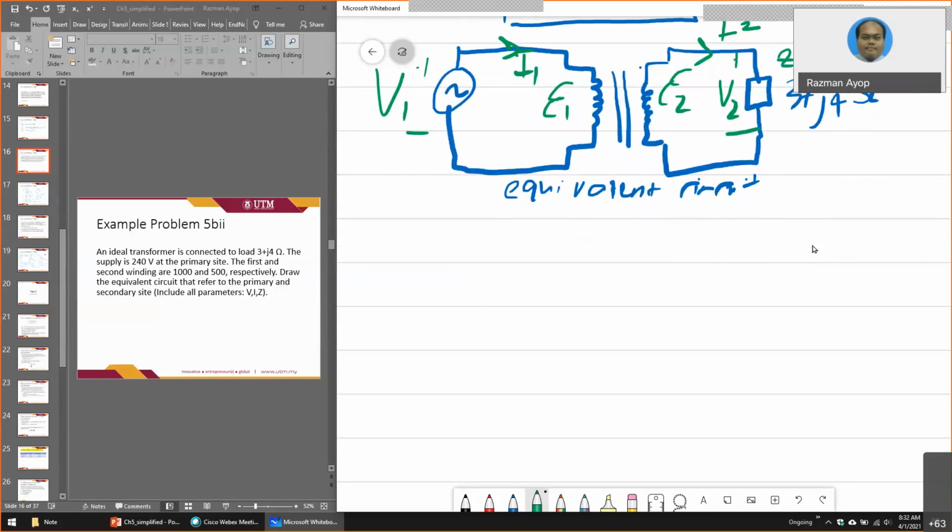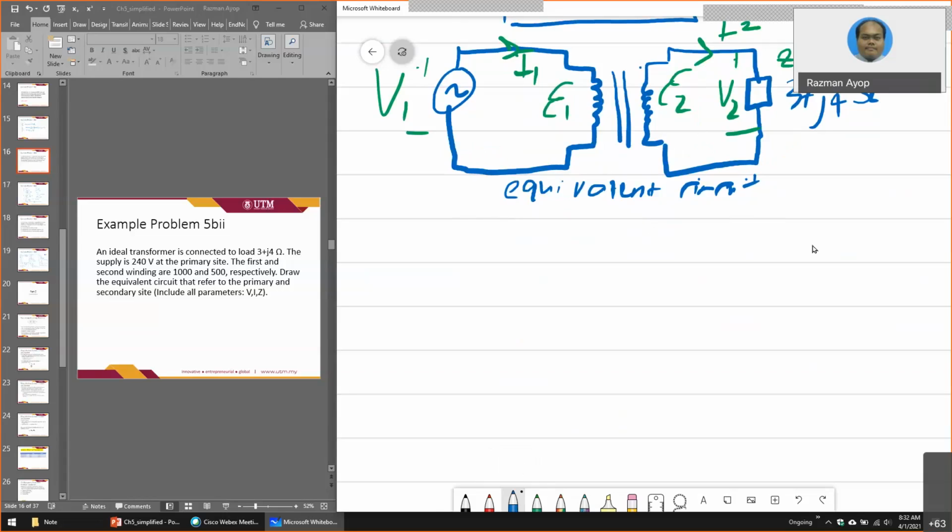If you want to refer to the primary side, basically all of these we bring to the primary side. Why do we want to bring to either primary or secondary?